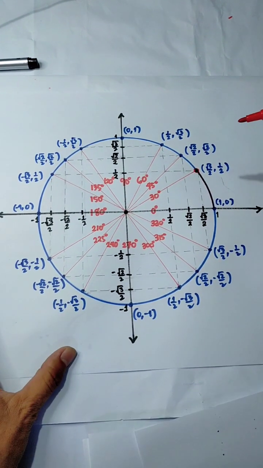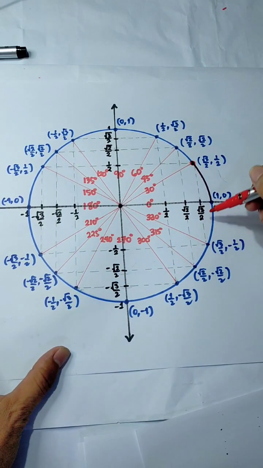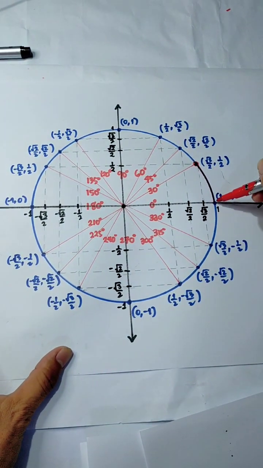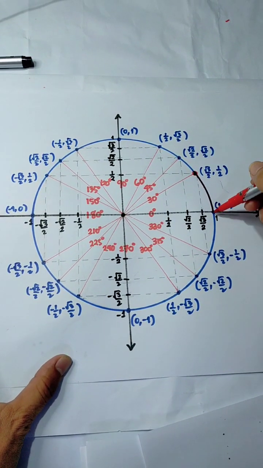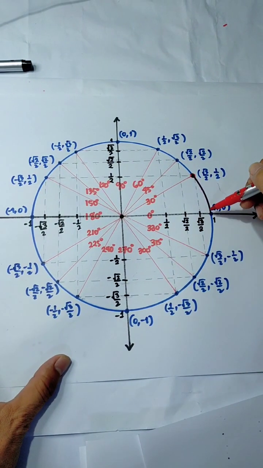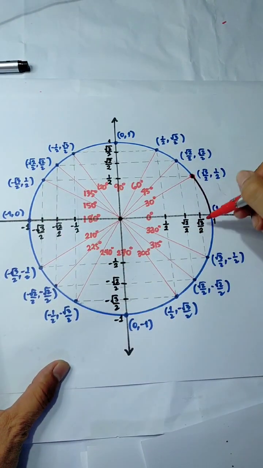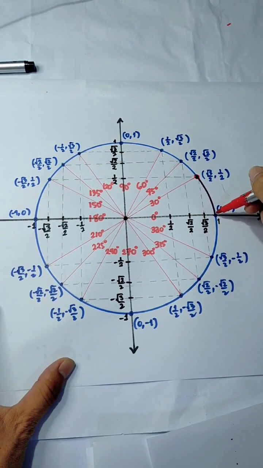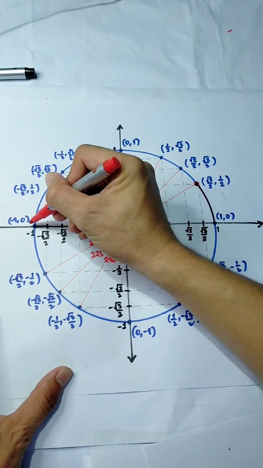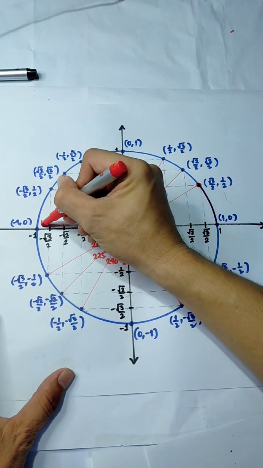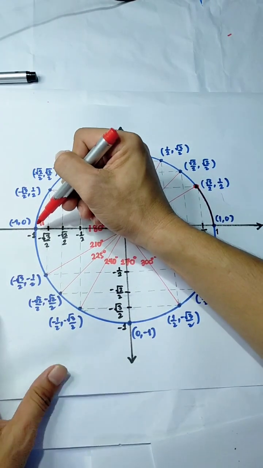To begin with, the circumference of the circle is equal to 2 pi r. Since this is a unit circle, our r is 1, so the whole circumference is equal to 2 pi. This is 2 pi here, the whole revolution. That means half of this circle is pi. So that's our first radian, meaning this arc here is equal to pi.